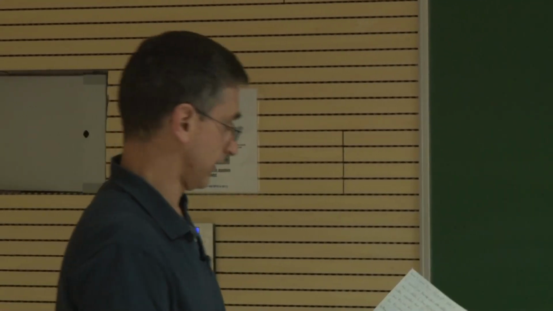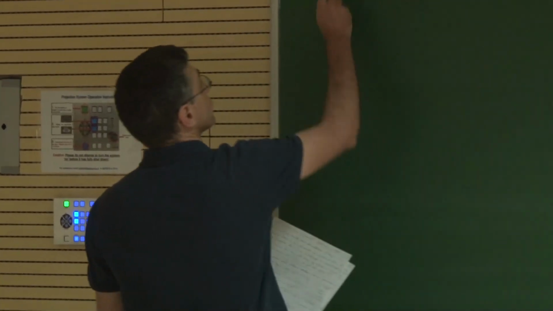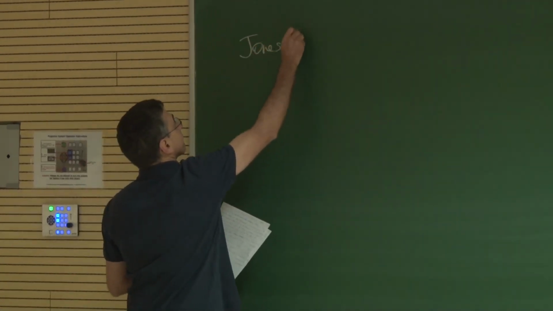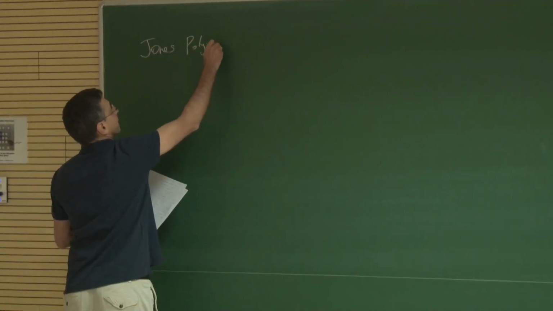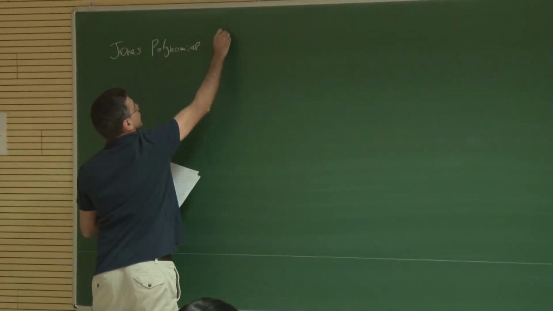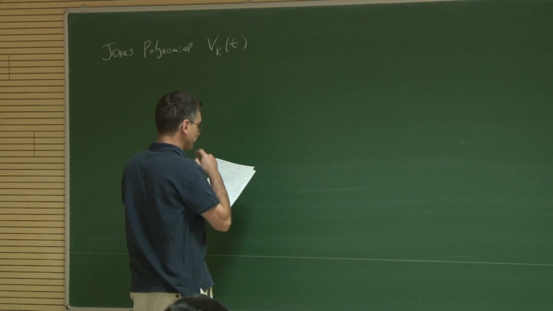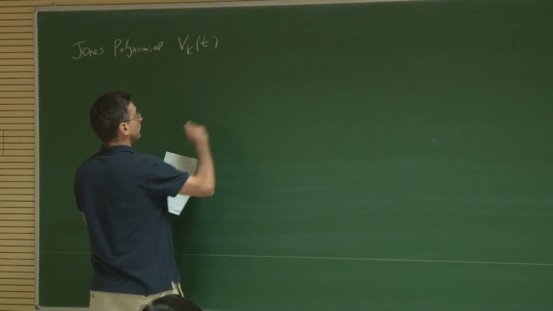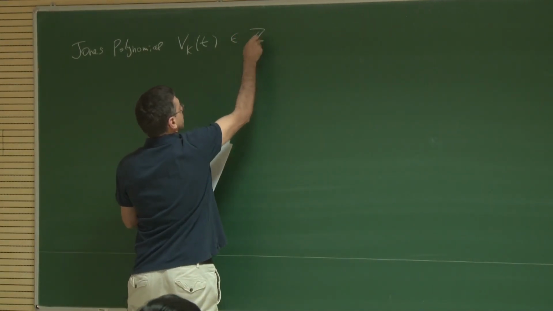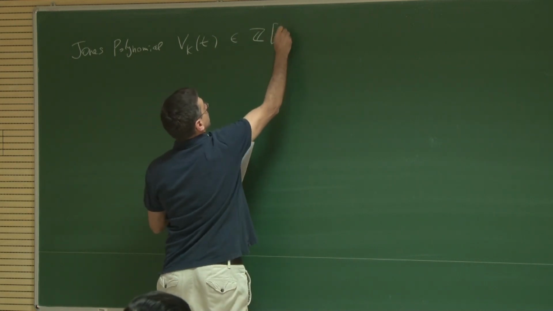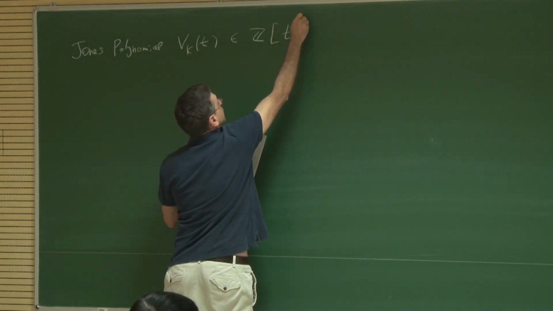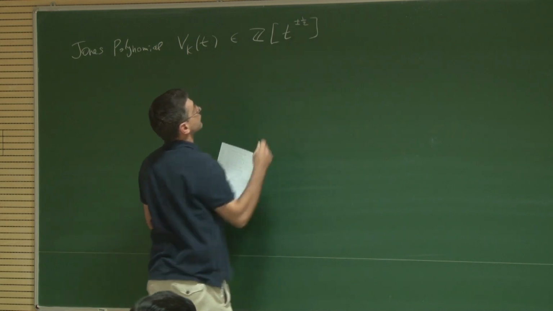So let me start with just a quick review of what we were talking about last time. We looked at the Jones polynomial. The notation, we have this notation, K of t, and this is our polynomial. It sits in t plus or minus 1.